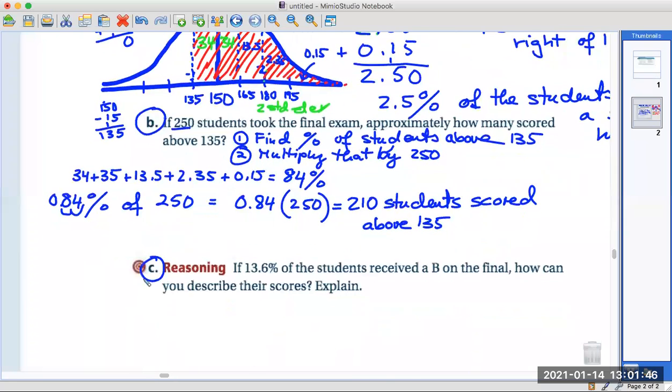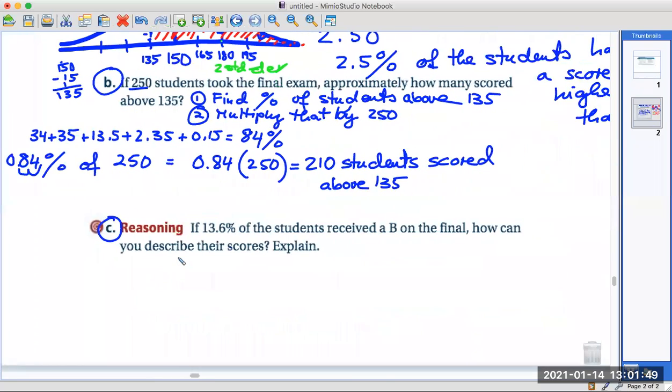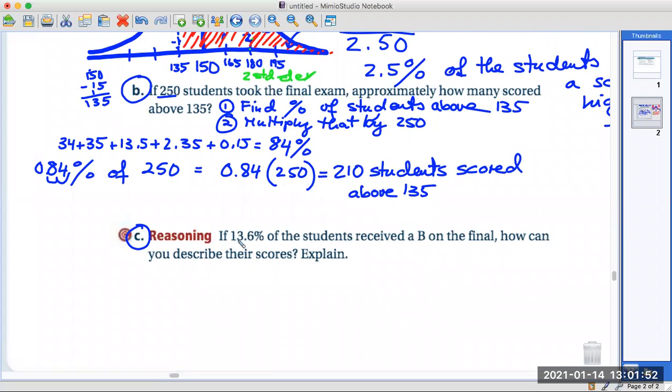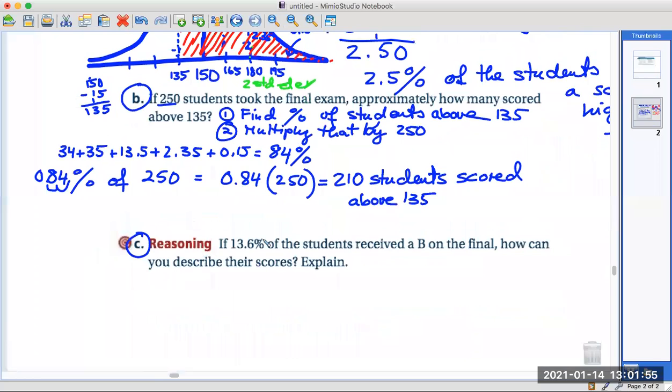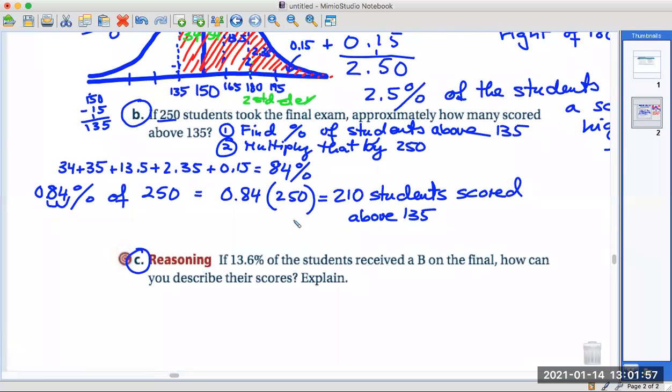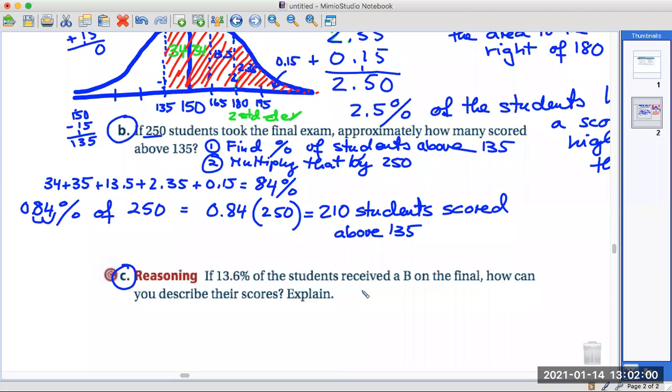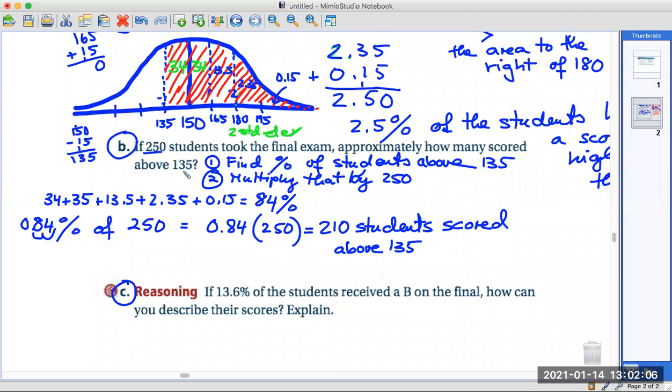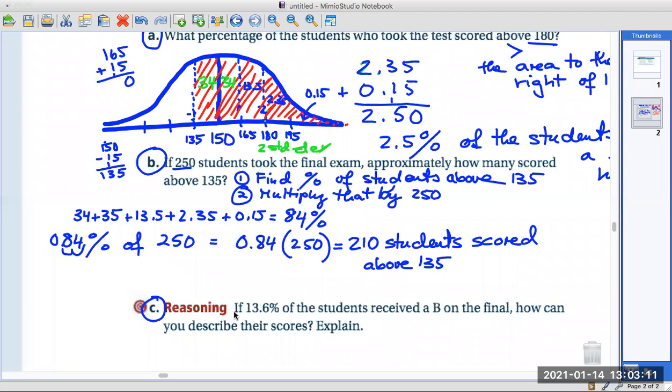And then the last question, which I didn't give you yet, but I thought about it, and maybe you can help me. I'm trying to think. So it says if 13.6% of the students received a B on the final, how can you describe their scores? Okay, so this is how I see it. 13.6% on my normal curve would be this area right in here, because that's 13.5.